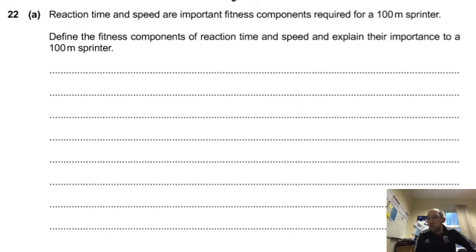Another mark for speed: the ability to move quickly, or distance divided by time, or rate of change of position with respect to time. It says do not accept reacts in the definition of reaction time, so you must use a different word. Also, we've got 1 mark for importance: the quicker they are able to move their body, legs, run, the greater the chances of winning the race, getting a faster time.